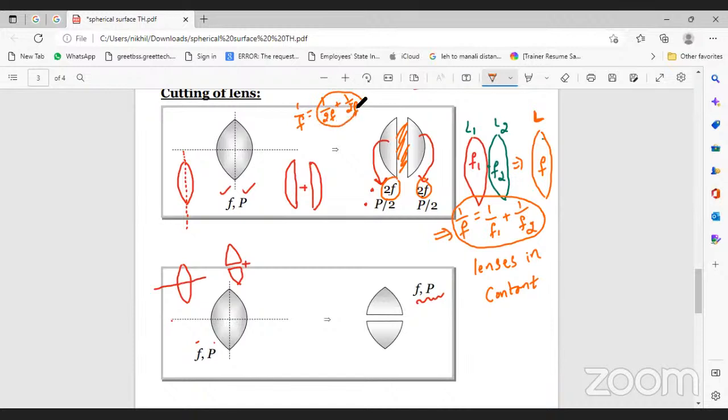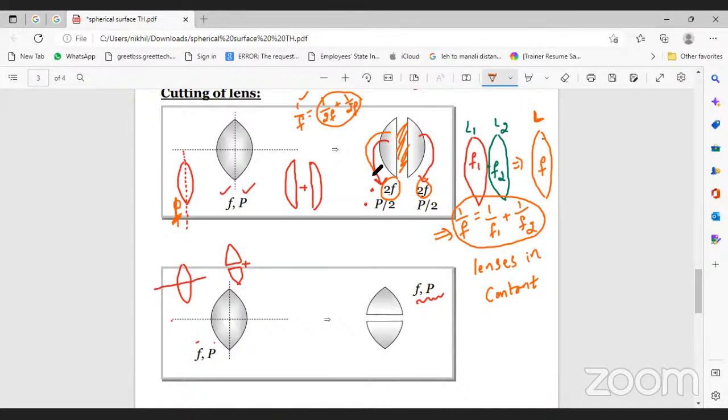How much is that? 1 by F. So you will get the effective focal length F. To get the effective focal length F, you have to add these two. So 2F and 2F becomes the focal length of the individual lens. It is just a cross verification, but please remember these two important concepts.